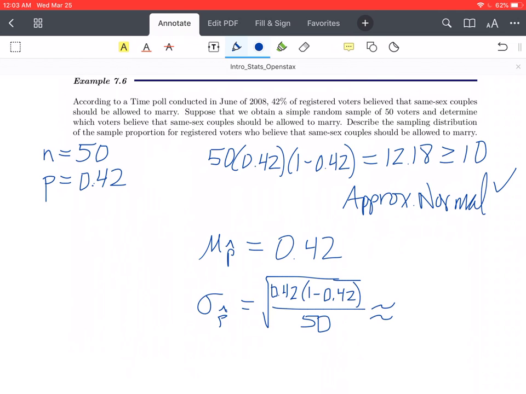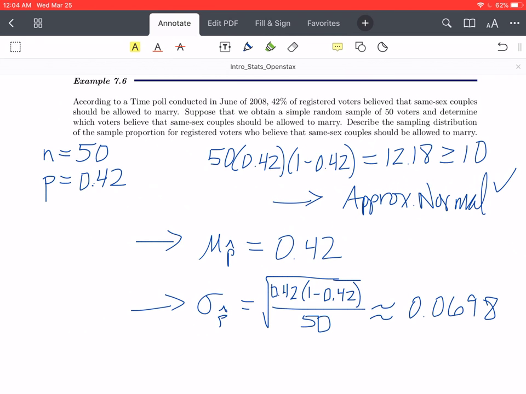And we run that calculation, we get 0.0698. So again, this one tells us shape, center, and spread. So it's approximately normal with a center around 0.42 proportion, and then standard deviation, that spread, being about 0.07.